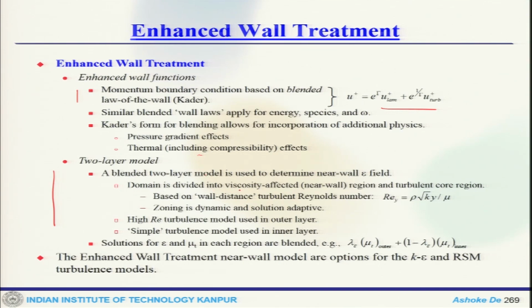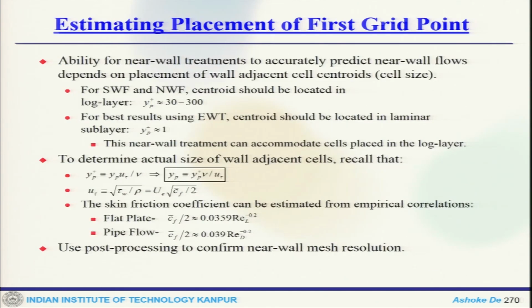The domain is divided into a near wall region and the turbulent core region, where wall distance is used, and this has a high Reynolds number turbulence model. The enhanced wall treatment near wall models are options again for K epsilon and RSM turbulence models. Any of these CFD packages or commercial packages that are available have this kind of wall treatment that one can use.